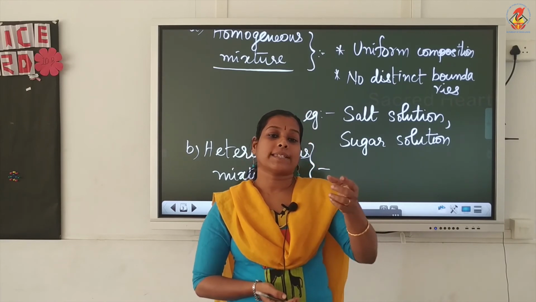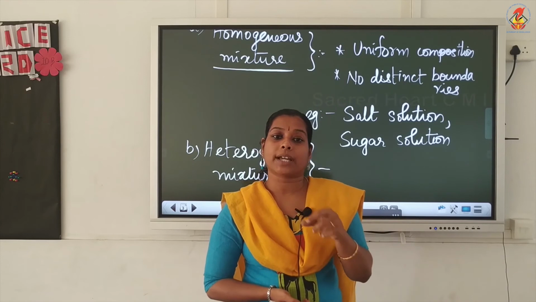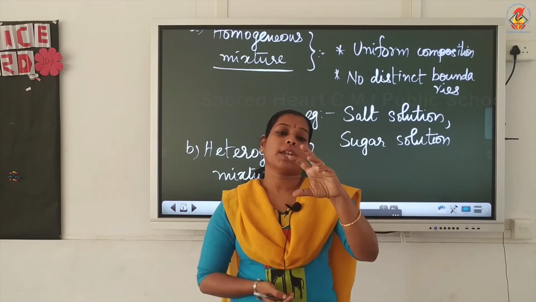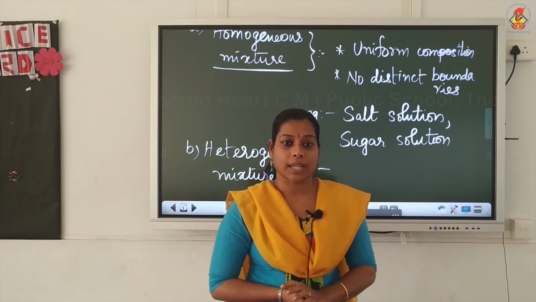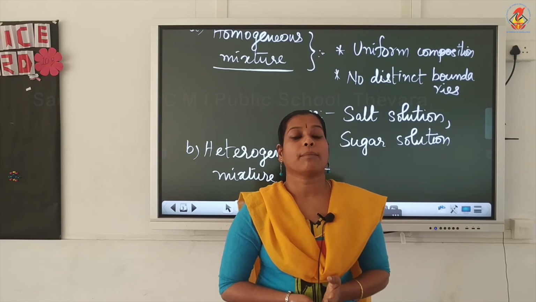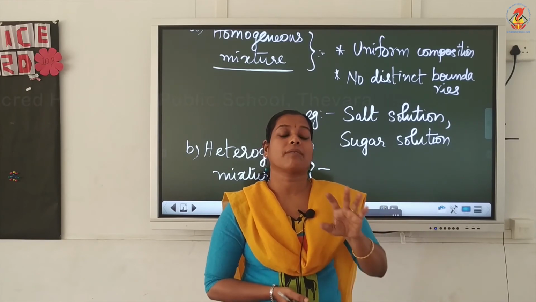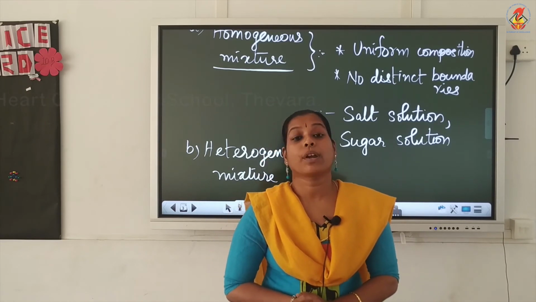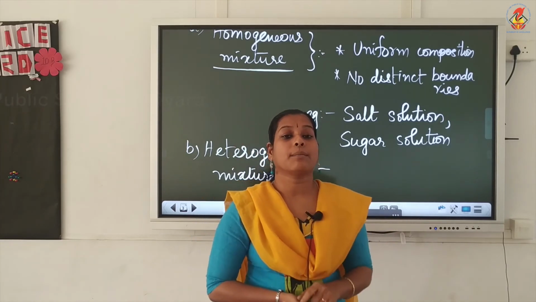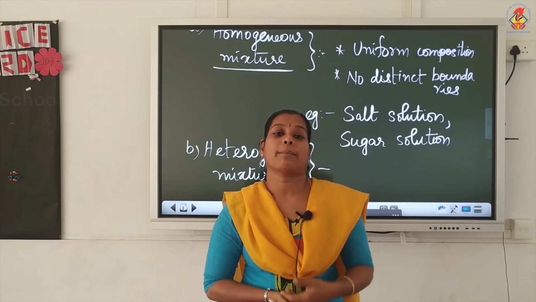If you take one glass of water, you can add one teaspoon of soil and make the mixture. Then after mixing it, you keep it for some time without any disturbance. What you can see is that the soil will settle down at the bottom and the water will be above that layer.